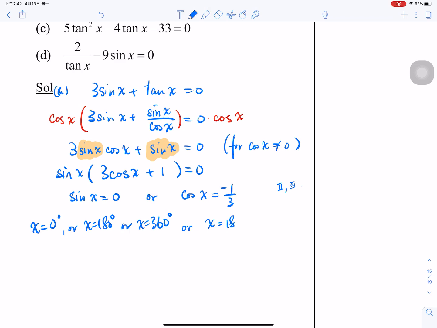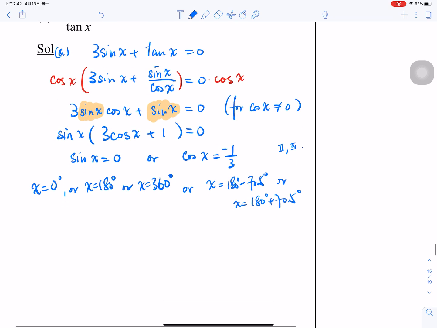So this one is 180 minus the reference angle, 70.5 degrees, or 180 plus 70.5 degrees, right? So at the end, x equals 0 degrees, 180, 360, right?